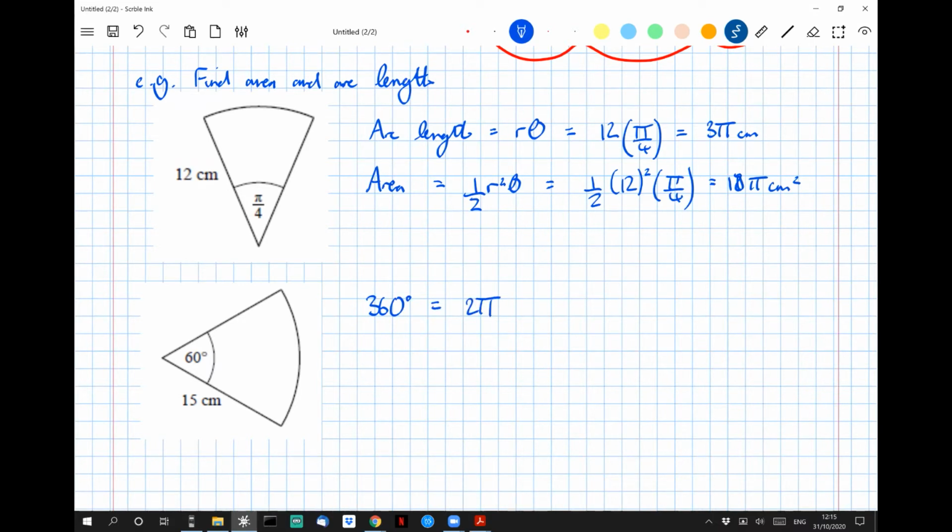So 360 degrees equals 2 pi radians. If I divide by 6, I get 60 degrees. So 2/6 pi, pi over 3 radians. So pi over 3 radians is the angle. So I want the area and the arc length.